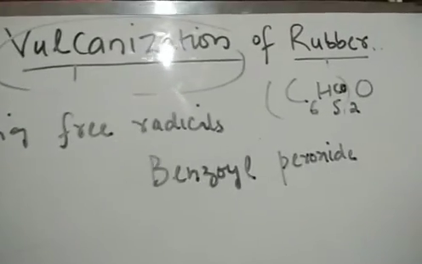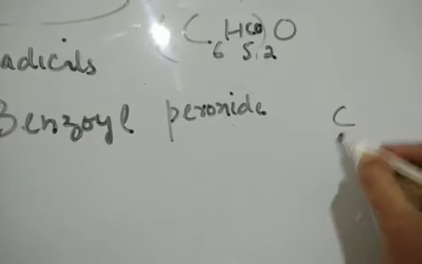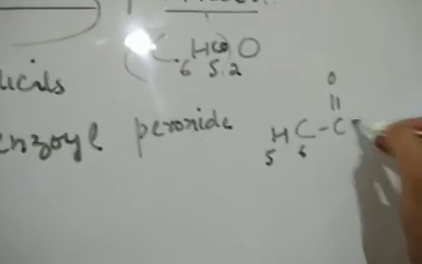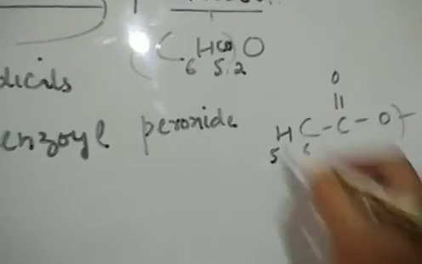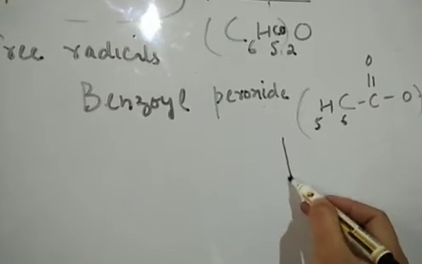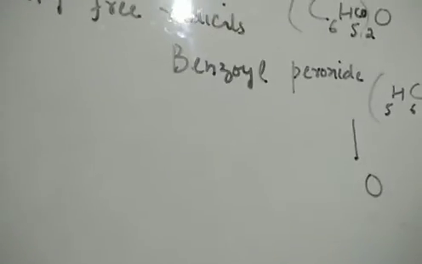So this is your benzoyl peroxide, C6H5. It's like this. CO then oxygen, and then you have this twice, and then you have oxygen here. So this is benzoyl peroxide. So this basically gives oxygen. It generates that. It gives oxygen atom.